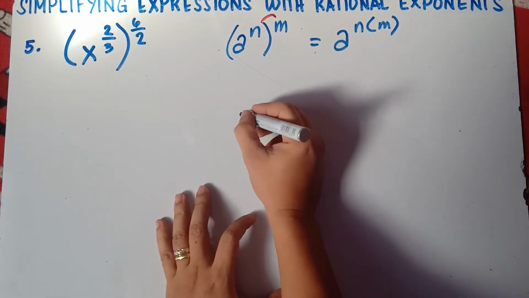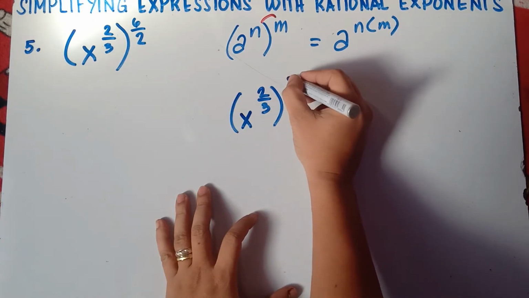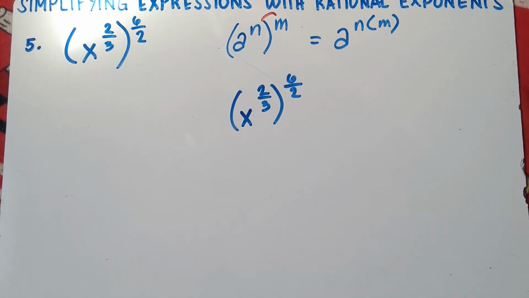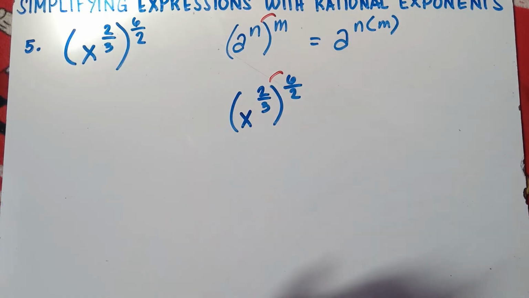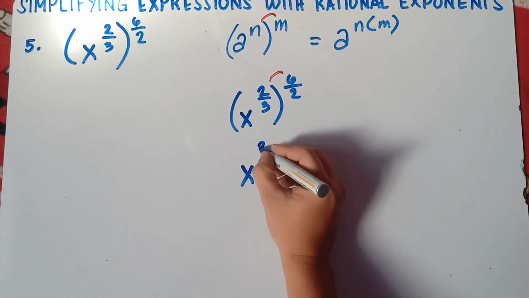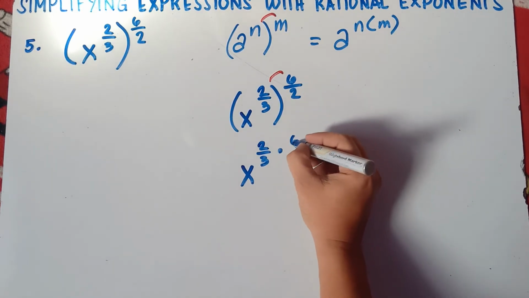So x raised to the power of 2 over 3, quantity 6 over 2. So the thing that we will do is we just simply multiply this exponent. So that would be x raised to the power of 2 over 3 times 6 over 2.